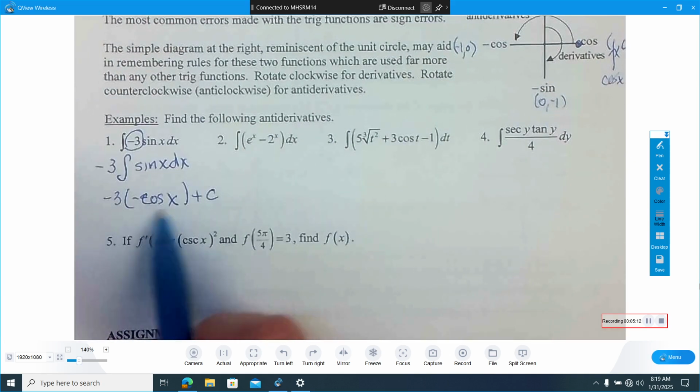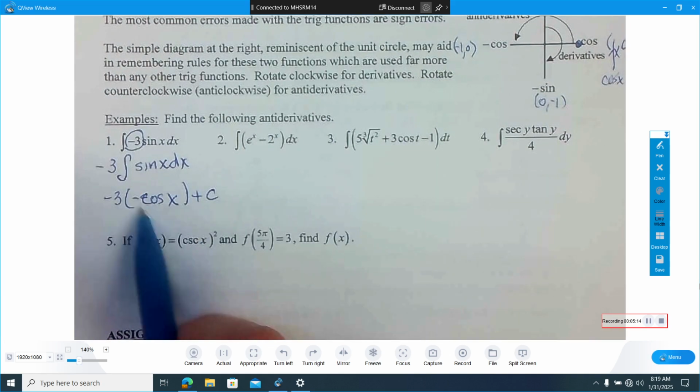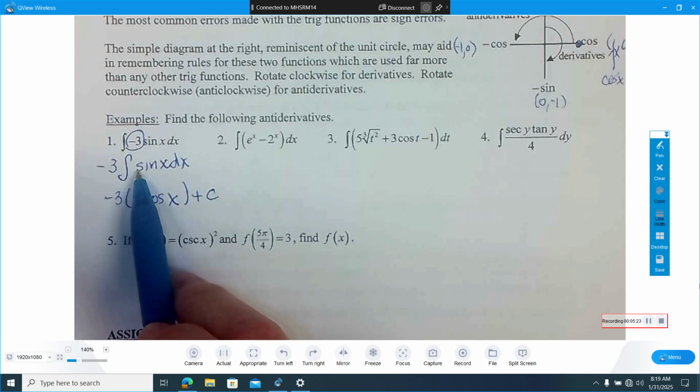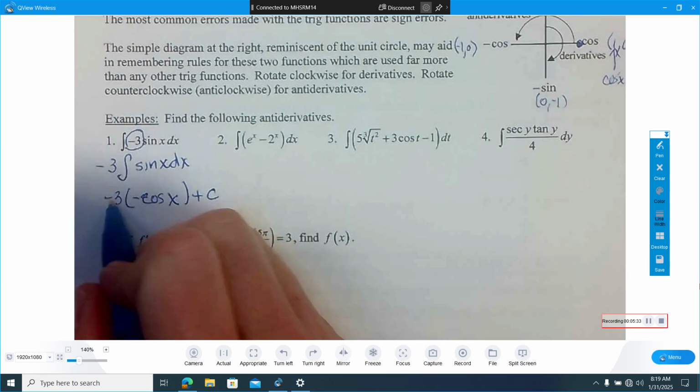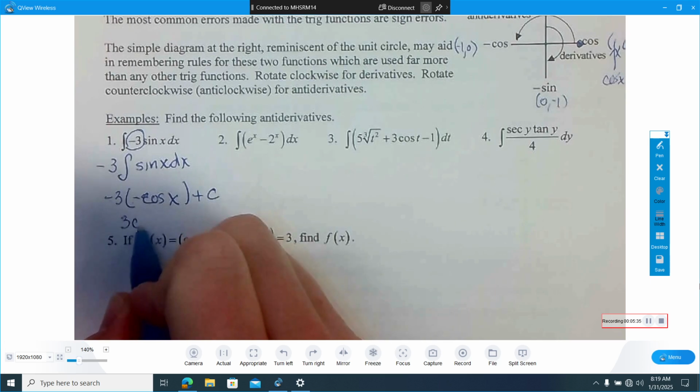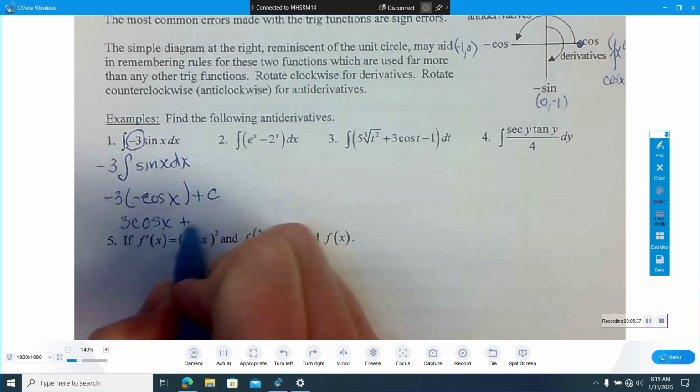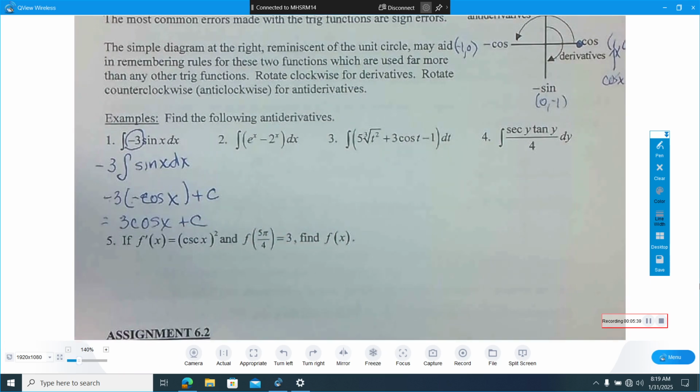How do I know? I'm going to double check. I'm going to take the derivative of this. I know that the derivative of cosine is negative sine. Negative times negative is going to give me positive sine. All right? So it's always a good idea to double check. And that's why I don't mix up my signs, because I'm always going to just double check really fast. Negative times negative is positive, so 3 cosine of x plus c for that one.